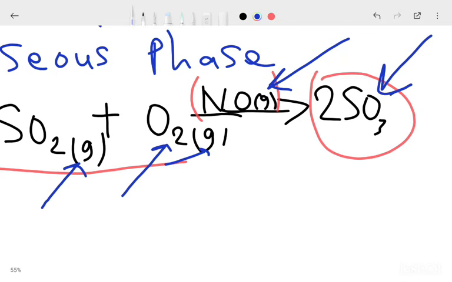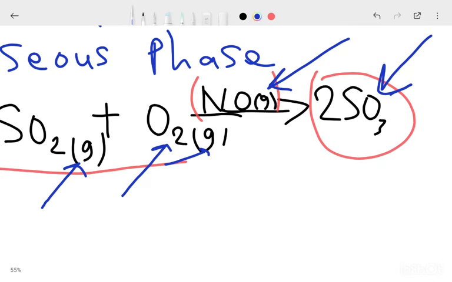So meaning that once they ask you which of the following is a homogeneous reaction or homogeneous catalysis, what you need to do is look at the downside. All of them must be the same. If all of them are in gaseous form, or all of them are in liquid form, you will see the symbol. G stands for gas, okay?